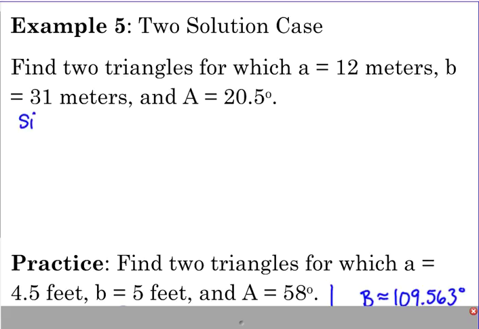So let's set that up. Sine of 20.5 over 12 is equal to sine of B over 31.